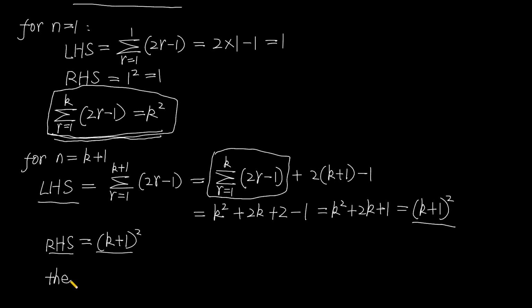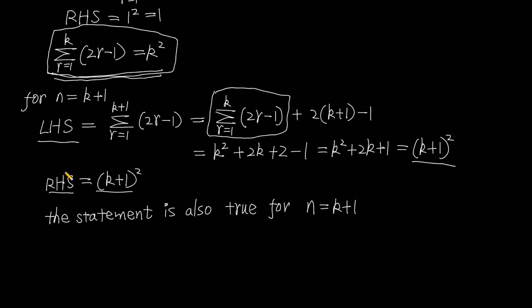So the statement is also true for n equals k plus 1. Here we assume that this statement is true for n equals k, and we use the assumption as a condition to prove that the statement is also true for n equals k plus 1.